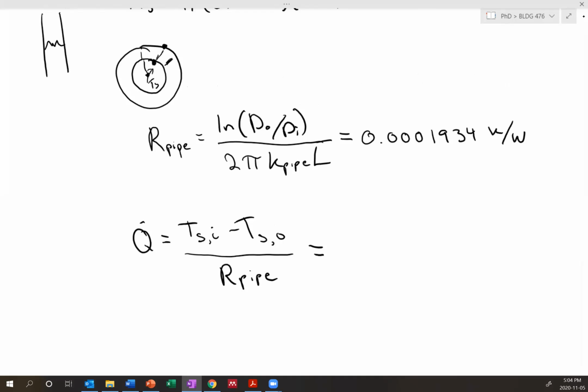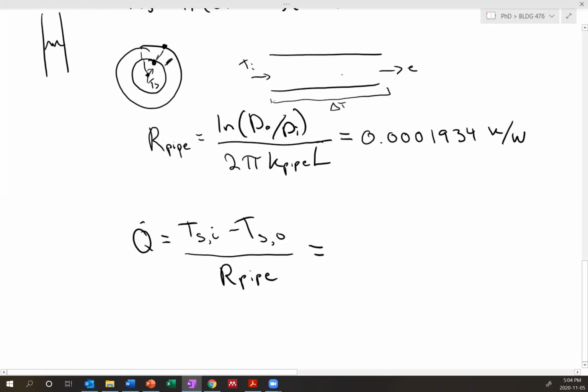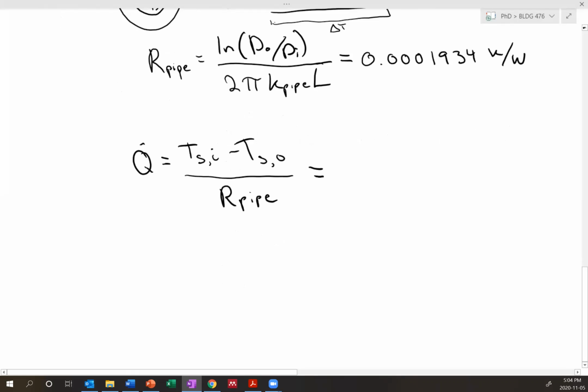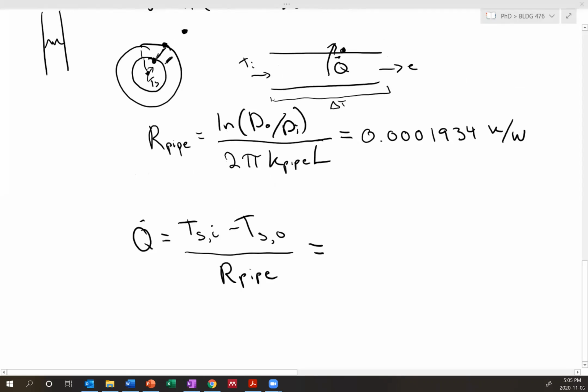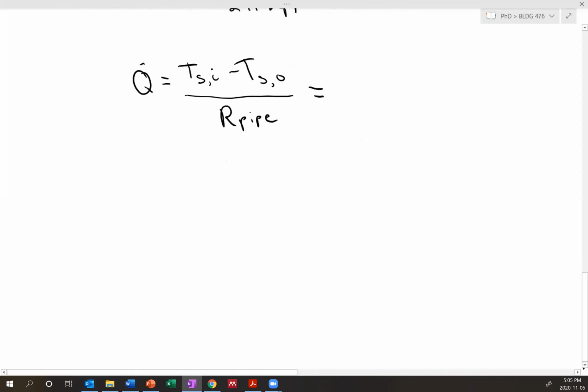We know our temperature at our inlet and our temperature at our exit. Because we know our delta T, we can figure out how much heat was pushed out into this material, or Q dot, and then how much will continue to be pushed out through here. So in this case, we don't actually need the outer temperature, because rather than measuring it, we're just measuring our inlet and outlet temperature. Hopefully that makes sense.